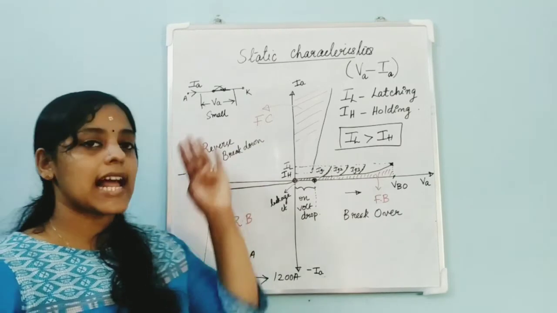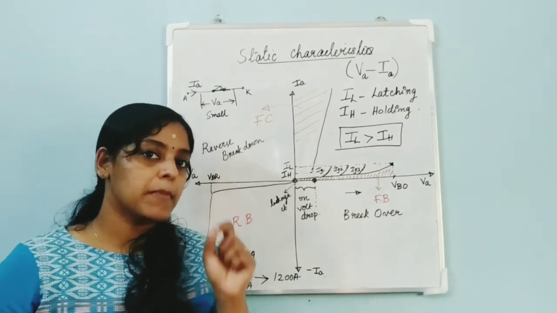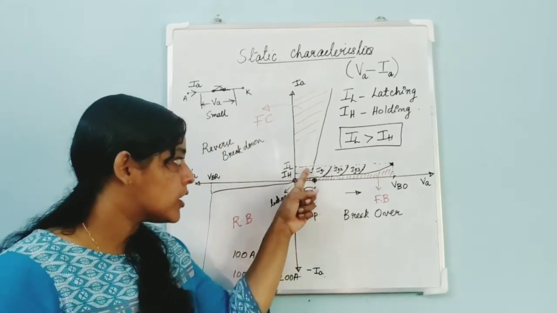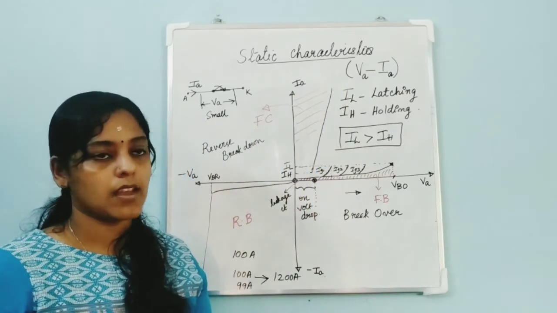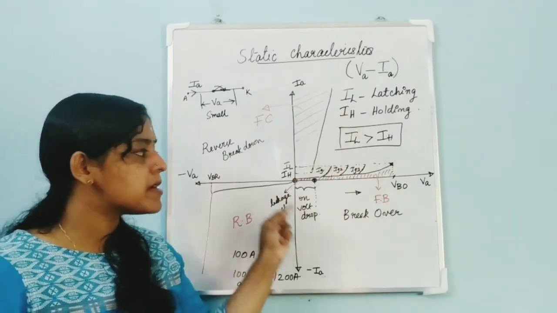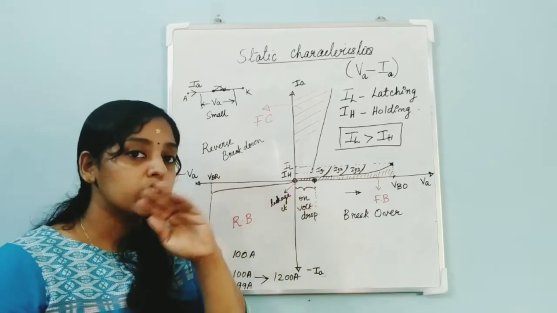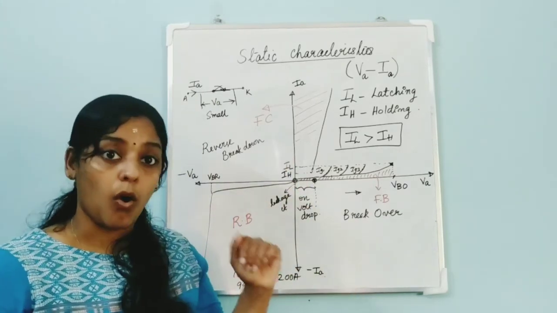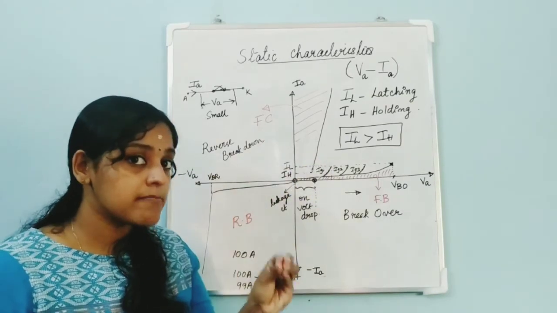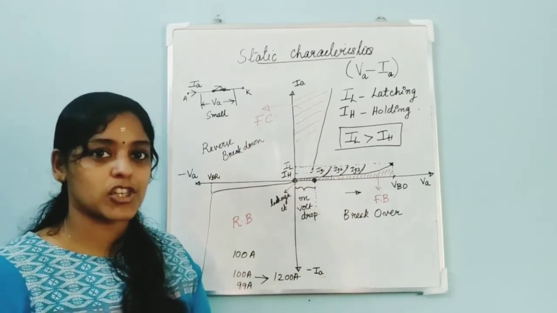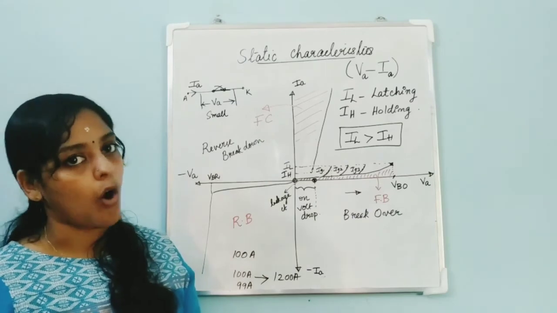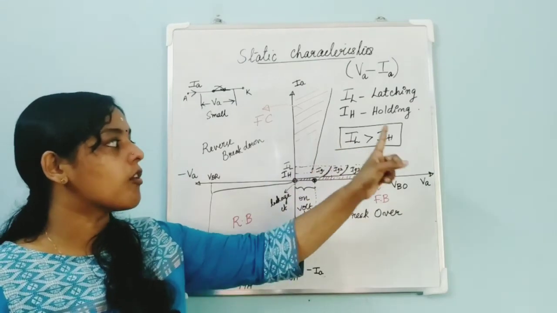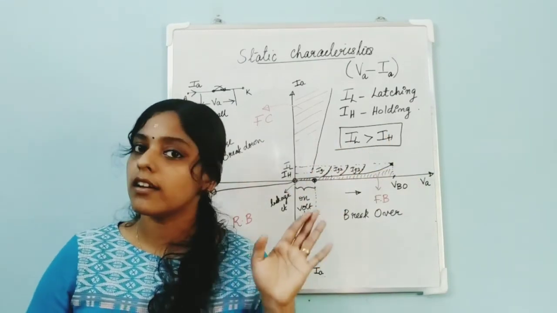So here, what is latching current? Latching current is the minimum anode current required to turn on the SCR. And holding current is the minimum anode current required to maintain conduction or to maintain the on state. Or holding current is the minimum anode current below which the SCR will be turned off, and your latching current is always greater than holding current.